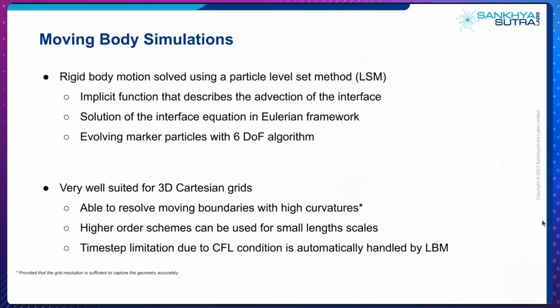So if the length scale of your flow is much smaller compared to the characteristic size of your body, for high Reynolds number cases, or if your amplitude of motion is also quite small compared to the characteristic length of your body, then this particle level set method is quite robust to be able to handle that.